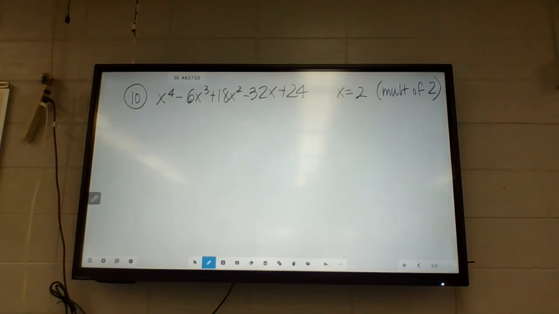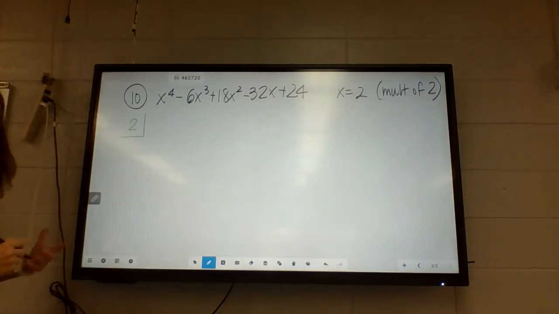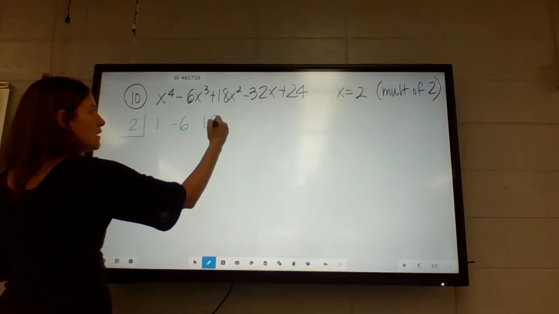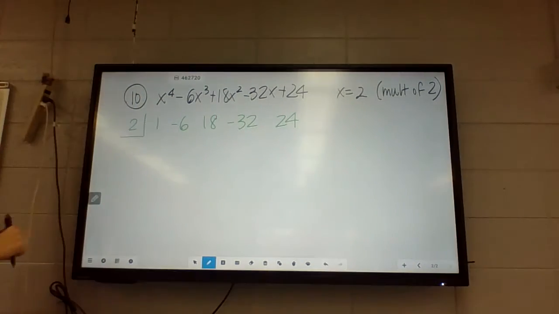So they're telling us x equals 2 is a 0 with multiplicity 2. So we'll use that in a second. If it's a 0, I can use synthetic division to factor that out of this. So I'm going to write my coefficients. And there are no missing powers of x. That should be good.